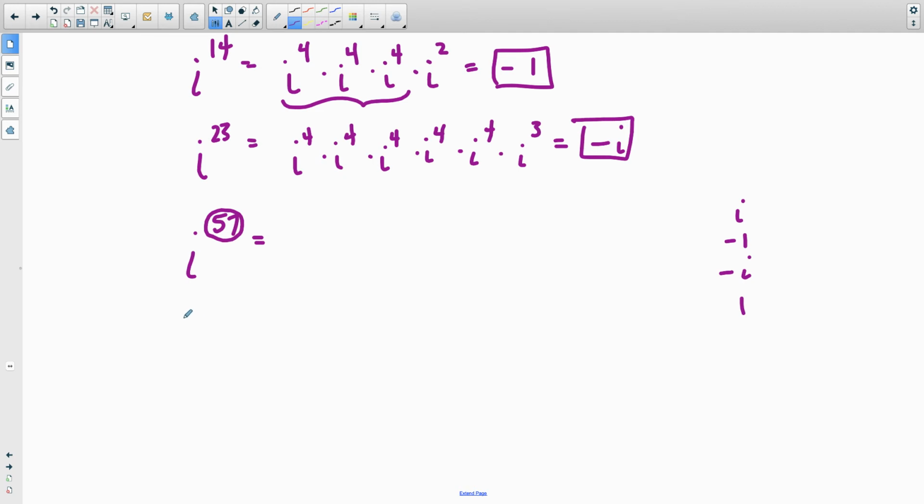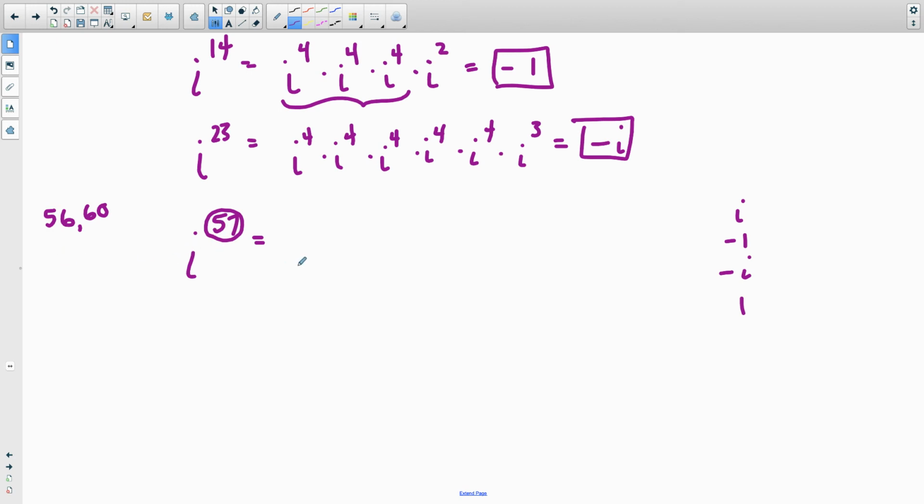I'll give you a second to figure that out. What are the multiples of 4? 4, 8, 12, 16, and so on. 60 is a multiple of 4, but that's not quite to 60. So the multiple of 4 that's less than 60 is 56.